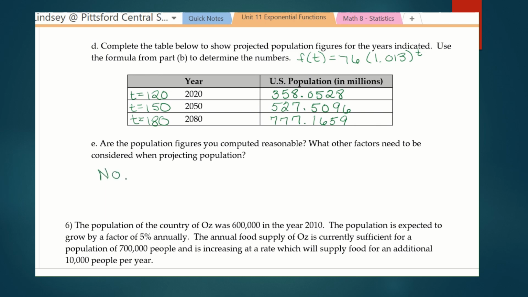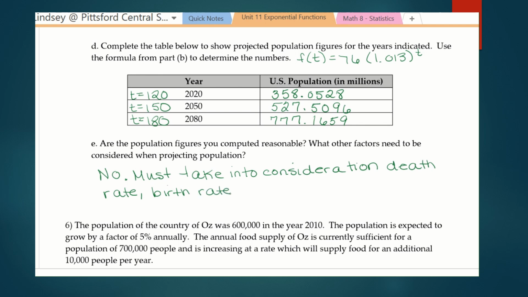And the reason for that is we must take into consideration death rate, birth rate, and what's going on in the world.